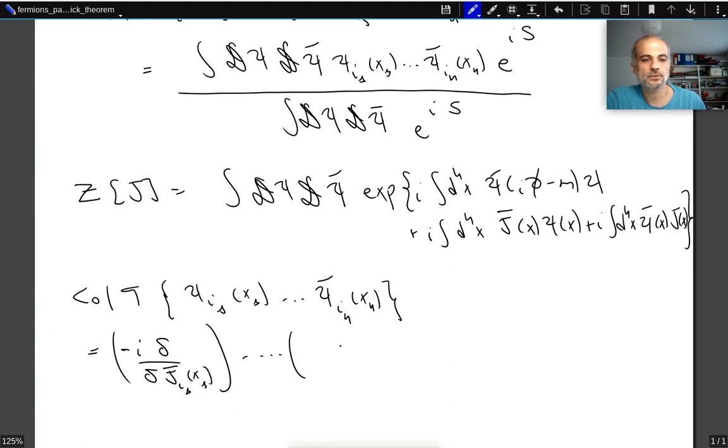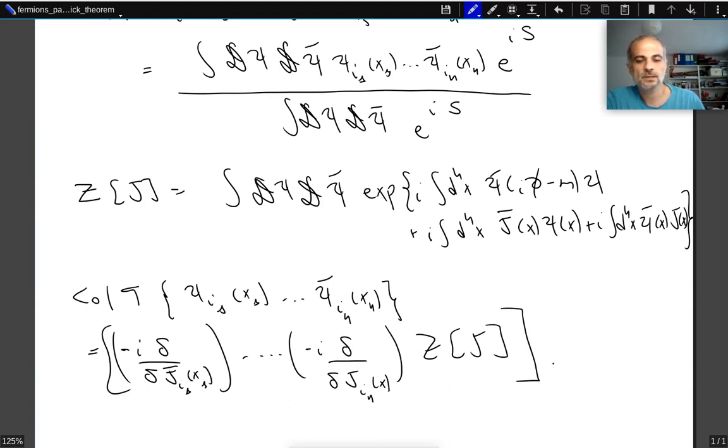And for ψ̄, we just need to take the derivative with respect to J. So minus i functional derivative with respect to J_I4 at the point x4 of Z of J. So we take all this derivative and then divide by Z of J equal to 0, because essentially that is the numerator over here.